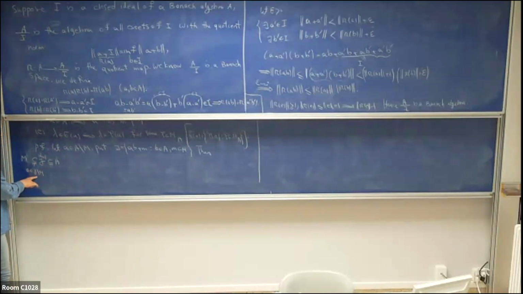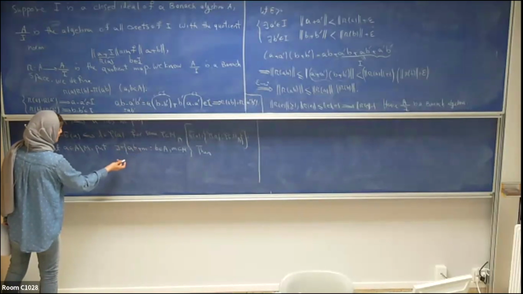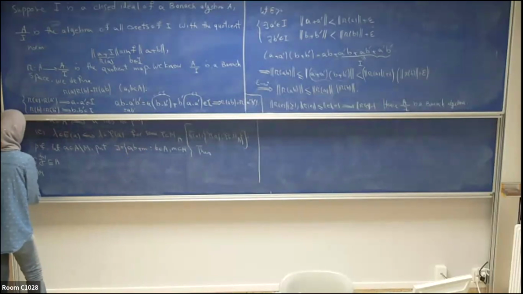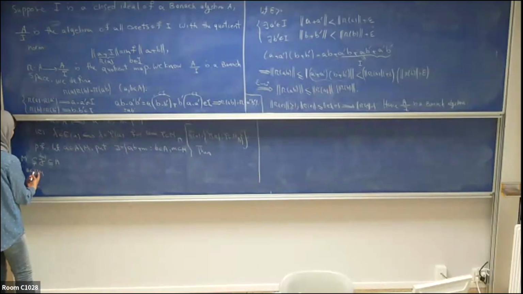Why is A in J? Because it's enough to consider B equal to E and M equal to 0, and then A is in J. But M is a maximal ideal, so J cannot be a proper ideal.